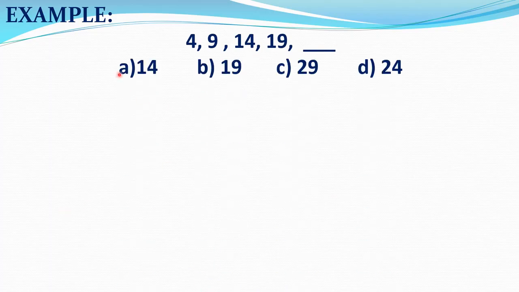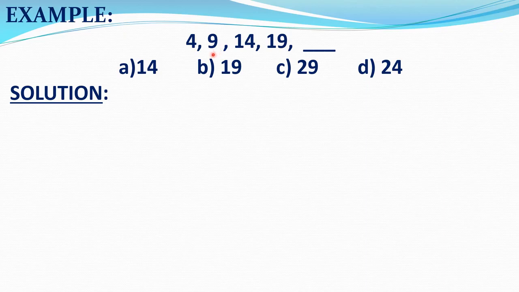Here it is given 4, 9, 14, 19 and then dash, and our options are A 14, B 19, C 29 and D 24. So beta, in these type of questions, first of all we have to find out the difference between the first two numbers. Here our first two numbers are 4 and 9.